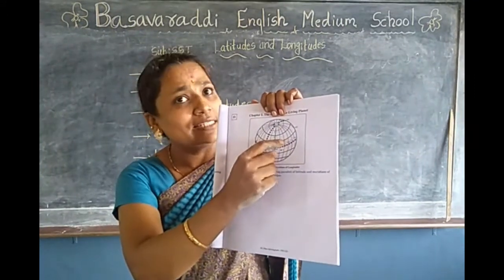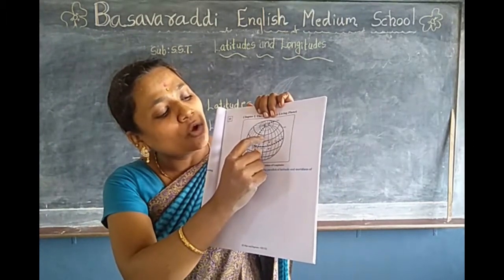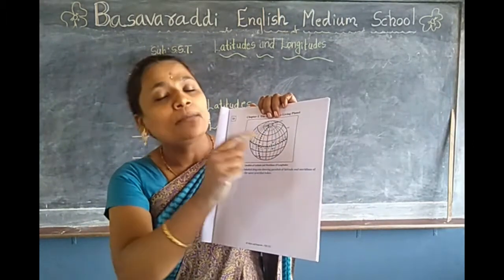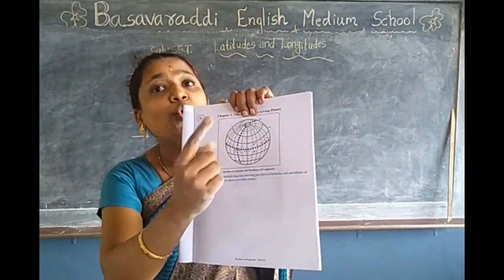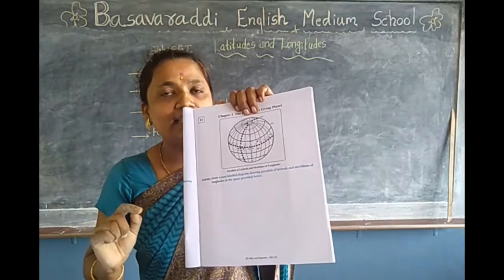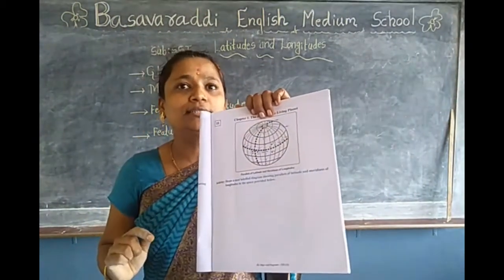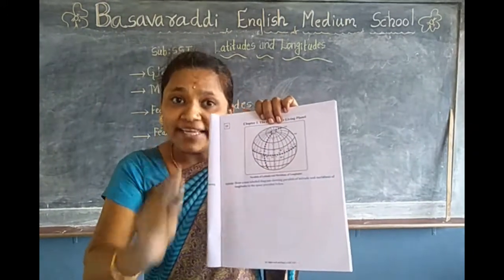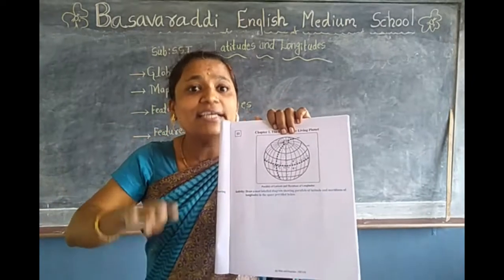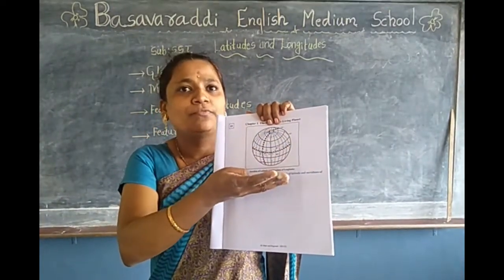The distance between two meridians is the maximum at the equator. The distance between two meridians decreases towards the poles.